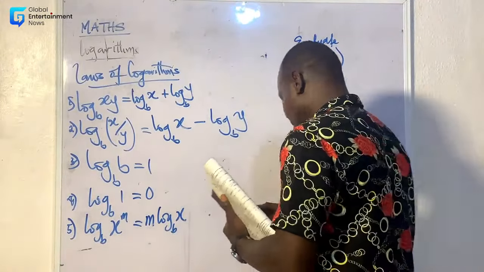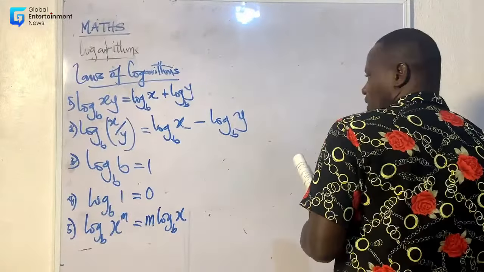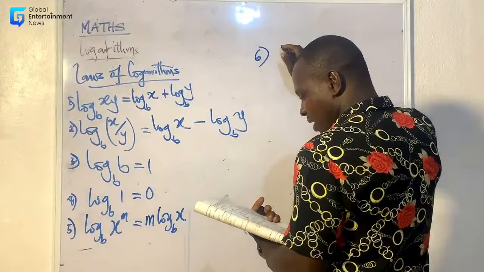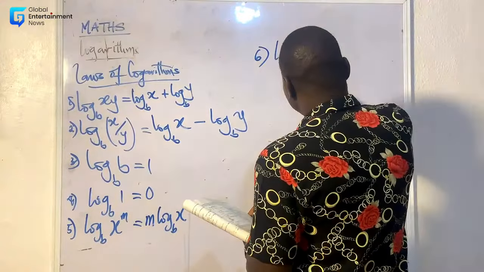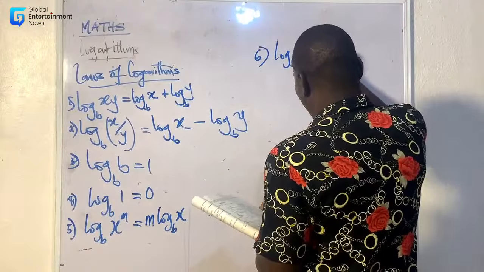And the sixth one, I told you we're going to 7. The sixth one, number 6, we have log a base b.